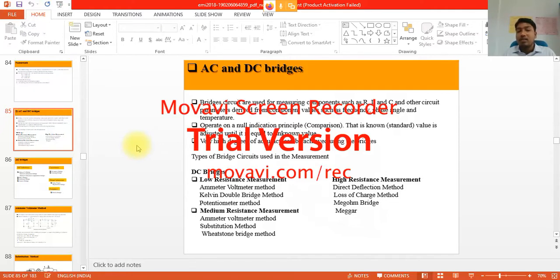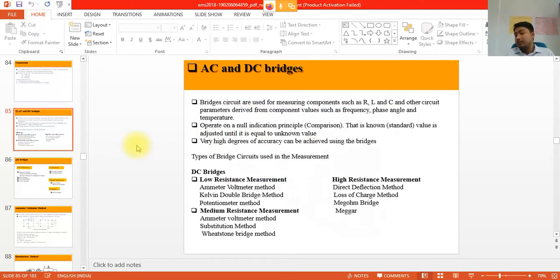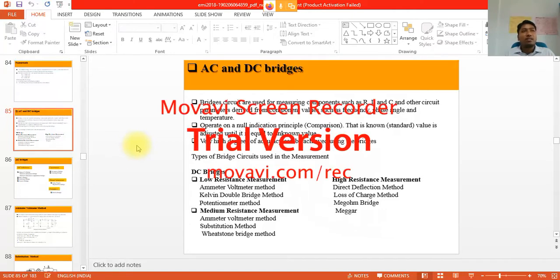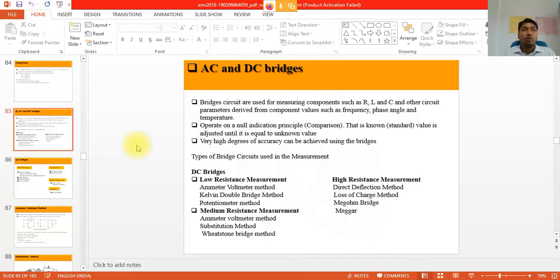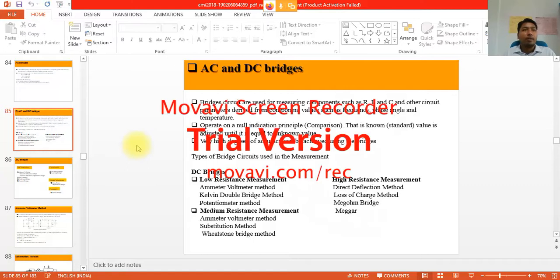The third category of resistance is high resistance measurement. There are four methods to measure high values of resistance. For example, high value resistance comprises the insulation medium: the insulation of the core of the transformer, core of the motors or generators, and insulation of the cable.